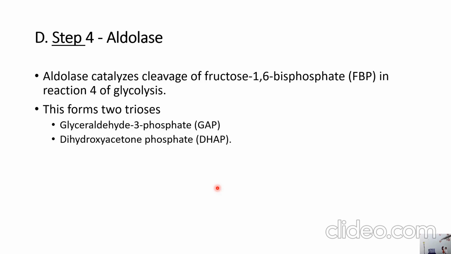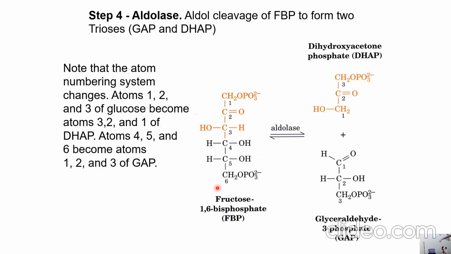Step 4, aldolase, aldol cleavage of fructose bisphosphate to form two trioses, glyceraldehyde 3-phosphate (GAP) and dihydroxyacetone phosphate.